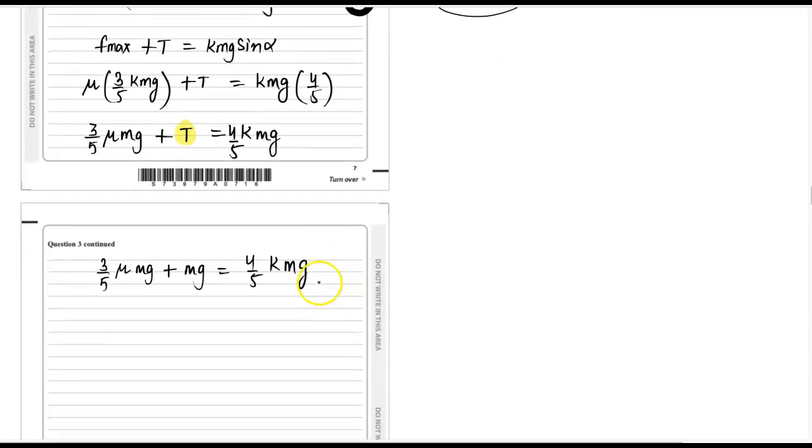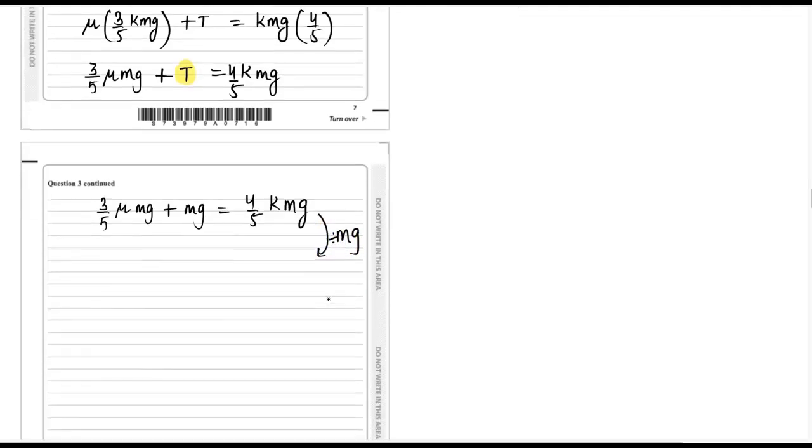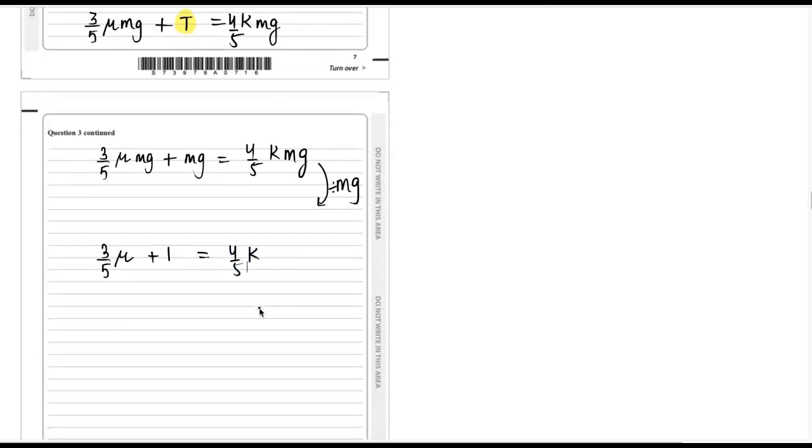If we divide the whole equation by mg, the mg would be removed, so we will have 3/5 of mu plus 1 equals 4/5 of k. Okay, 3/5 of mu is going to be equal to 4/5 of k minus 1.